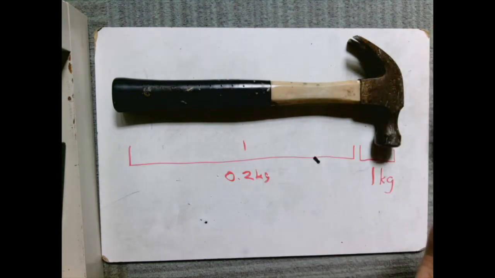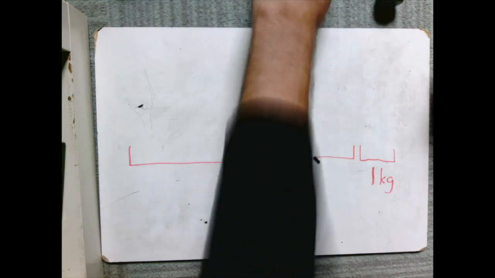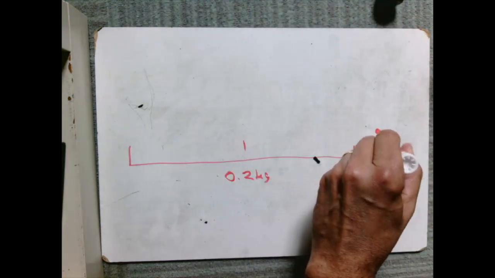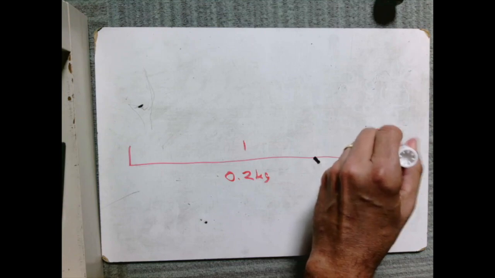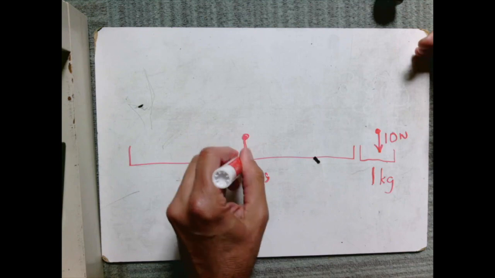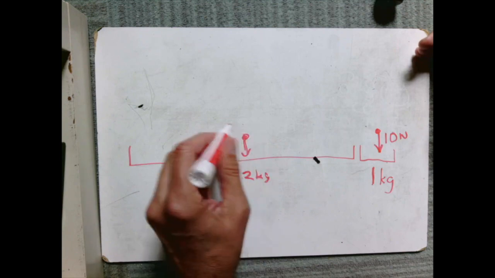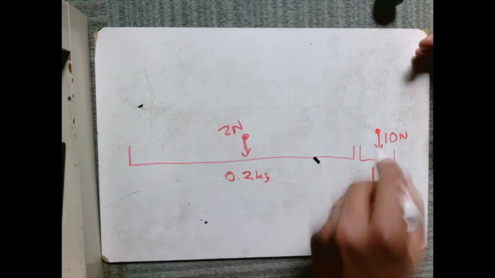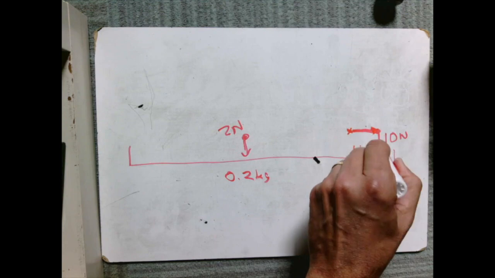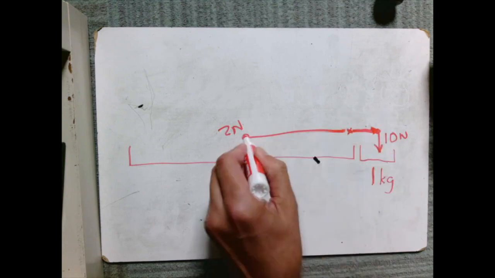And it actually works out just like torque. If we think of 1 kilogram being right here and the mg is 10 newtons, and 0.2 kilograms right here and the mg is 2 newtons, well, there's going to be a spot somewhere over here where the torque, r times F, equals this torque.